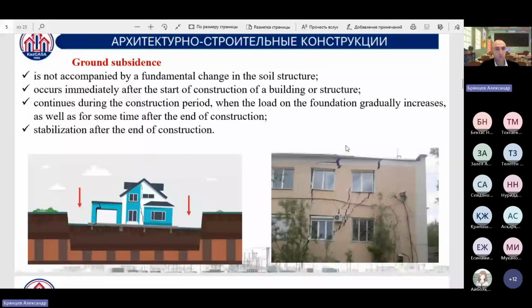Next factor is hydrological conditions, meaning underground water level, the construction technology, for example the schedule of construction, consolidation effects, and so on.